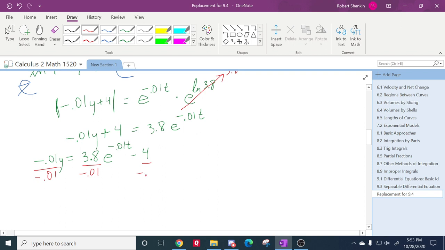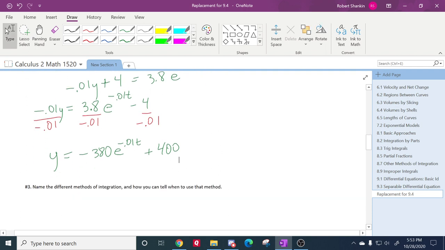I'll divide every term by that. And then I'm going to get y equals negative, now this is the same as multiplying by 100, so move the decimal 2 places to the right, 380 e to the negative 0.01 t. And then plus, move the decimal 2 places to the right, 400.